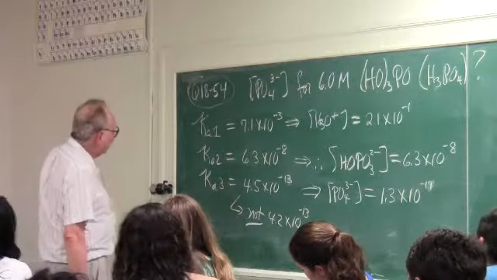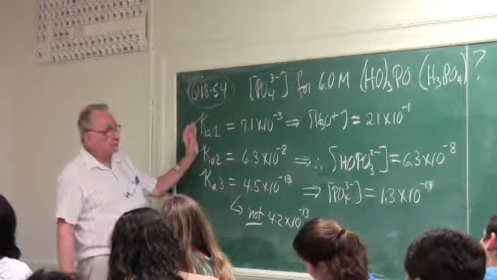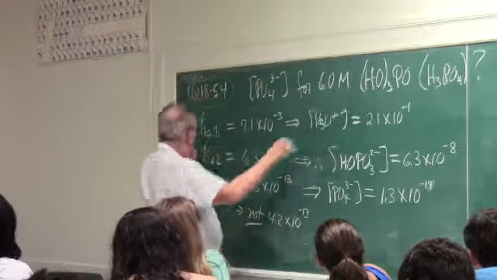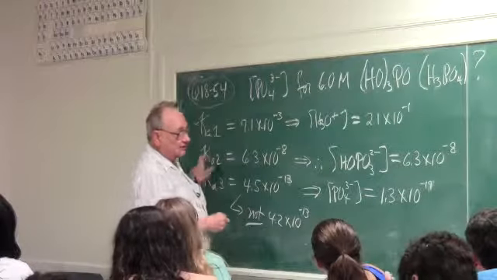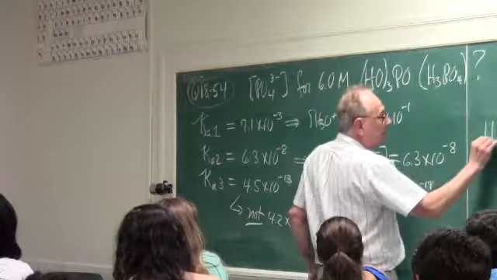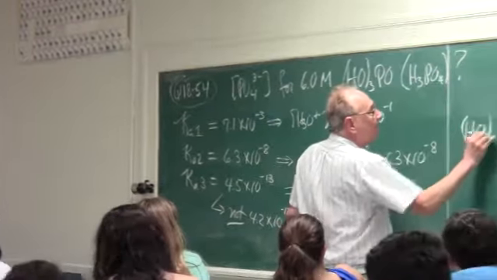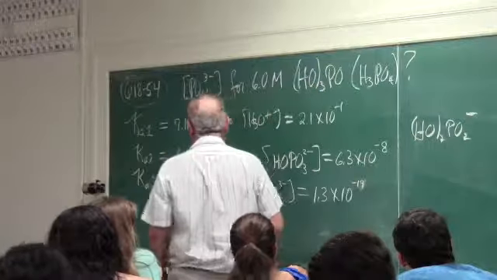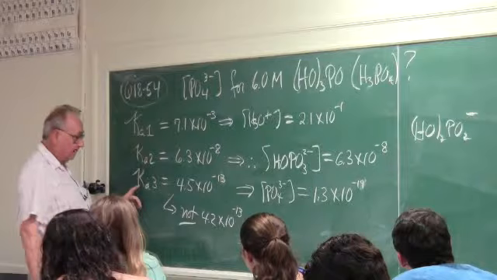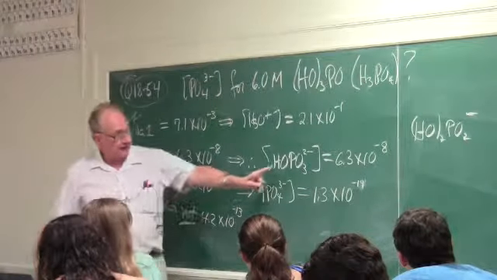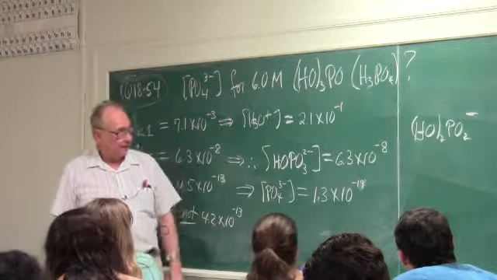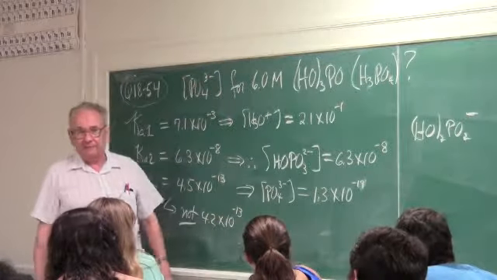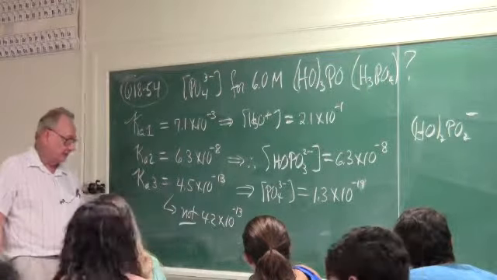Now, this is, of course, for the ionization of this thing. This is for the ionization of this thing. And this is for the ionization of this, leading ultimately to the production of this. You can write out the equilibrium reactions if necessary.